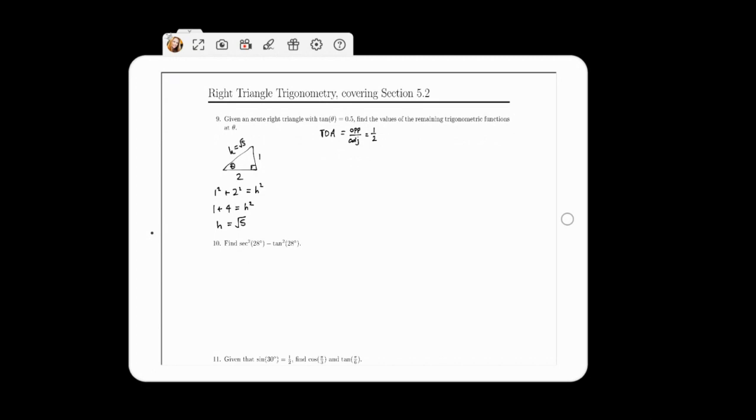All right, now I can get all of the other trig functions. I know that sine is opposite over hypotenuse, so 1 over root 5. And then by the reciprocal identity, the cosecant is root 5 over 1.